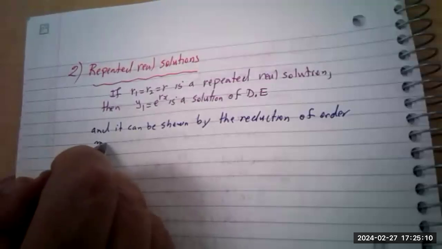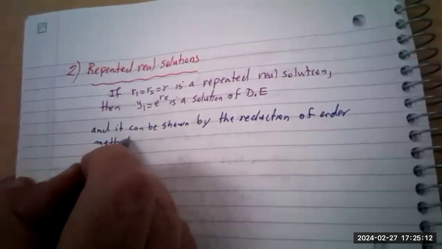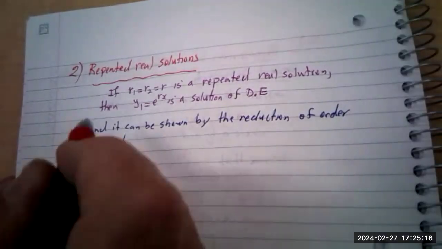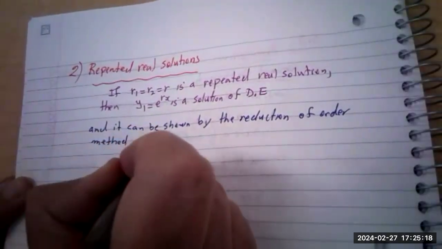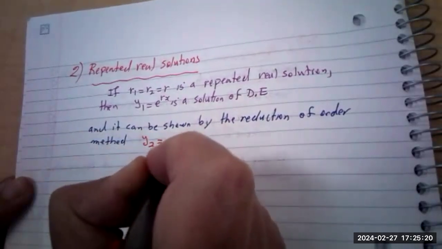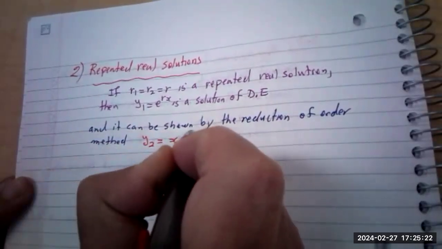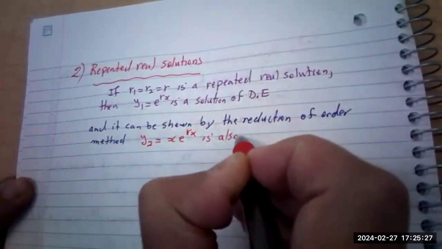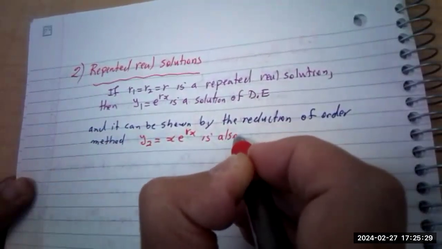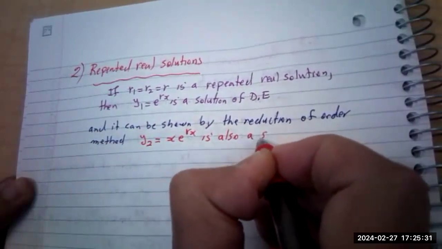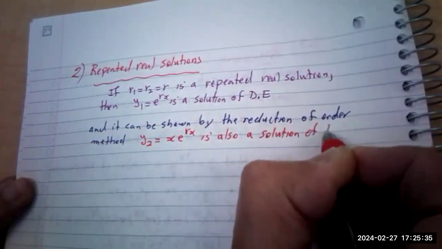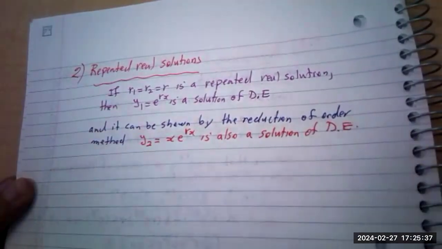By the reduction of order method, we can prove that y2 equal to x times e to the rx is also a solution of the differential equation.